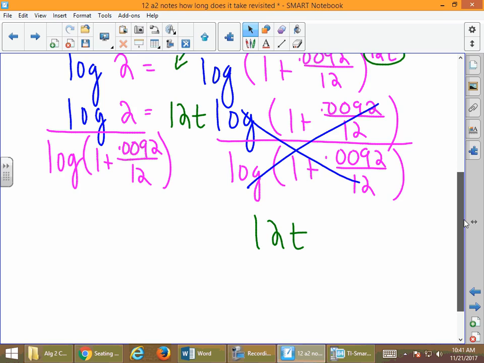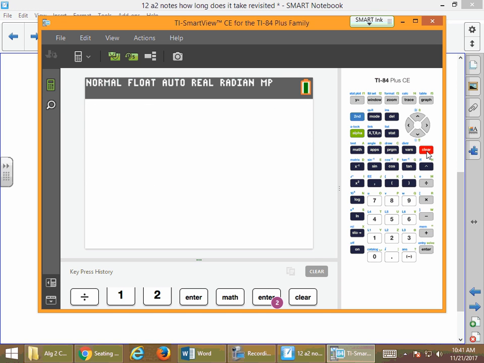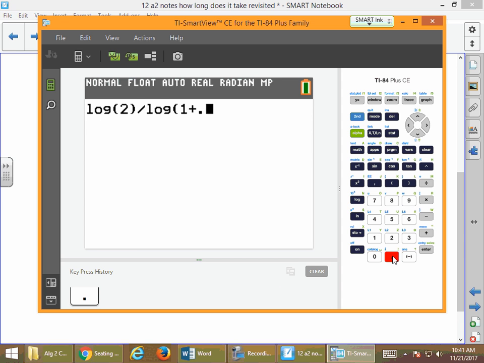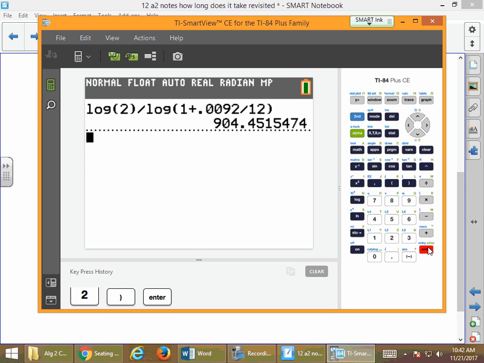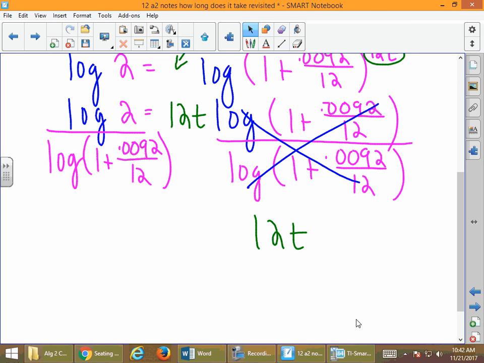So typing it in, we're going to have to leave that number in our calculator. So it's going to be log 2, close the parentheses, divided by log of 1 plus 0.0092 divided by 12, close the parentheses, and we get that number, 904.451.